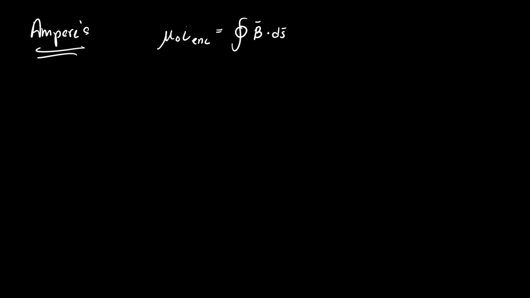If I put them both together, including the definition of flux, we had Q enclosed equals epsilon naught times the integral of E dot dA. But so they have a lot of similarities.